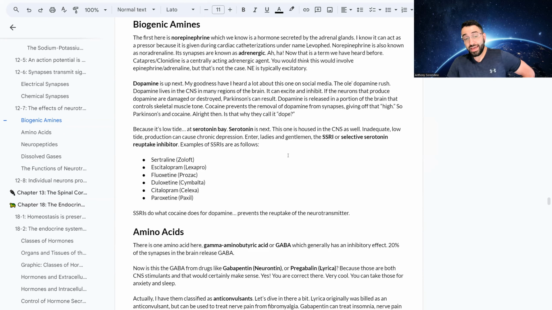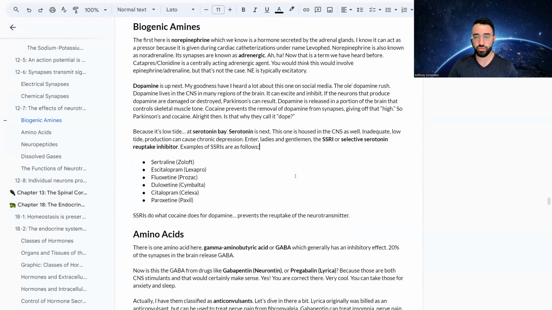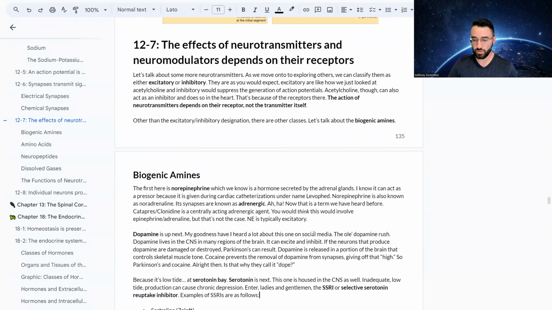All right. Then we have serotonin. This one is housed in the CNS as well. And this one is what we hear a lot with SSRIs. I'll see if I can name a couple from memory for you. Inadequate serotonin production can cause chronic depression, okay?